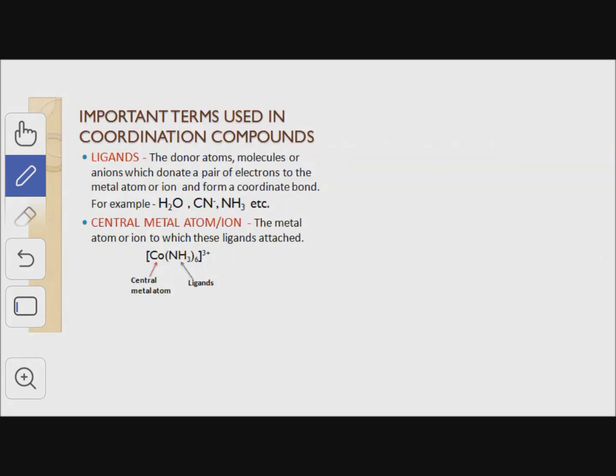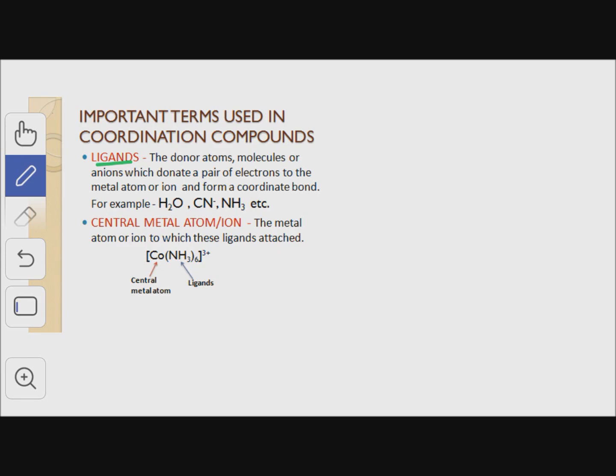Now some important terms which are used in coordination compounds. The first term is ligands. Ligands are donor atoms or molecules or anions which donate a lone pair of electrons to the central metal atom or ion and form a coordinate bond.